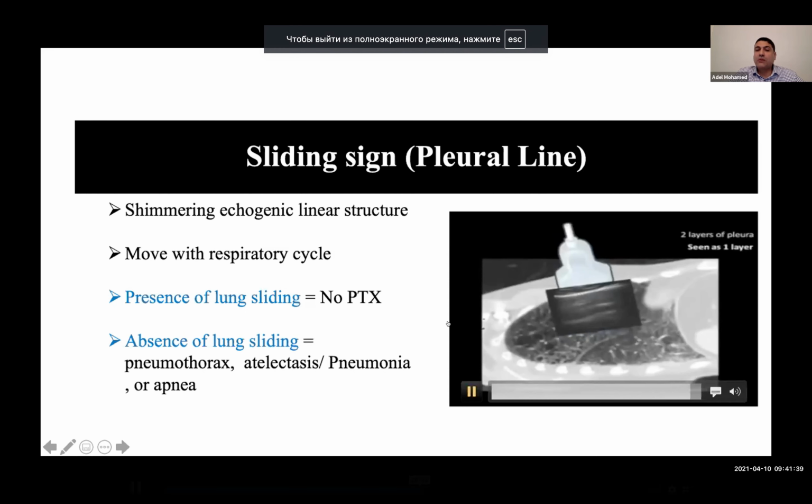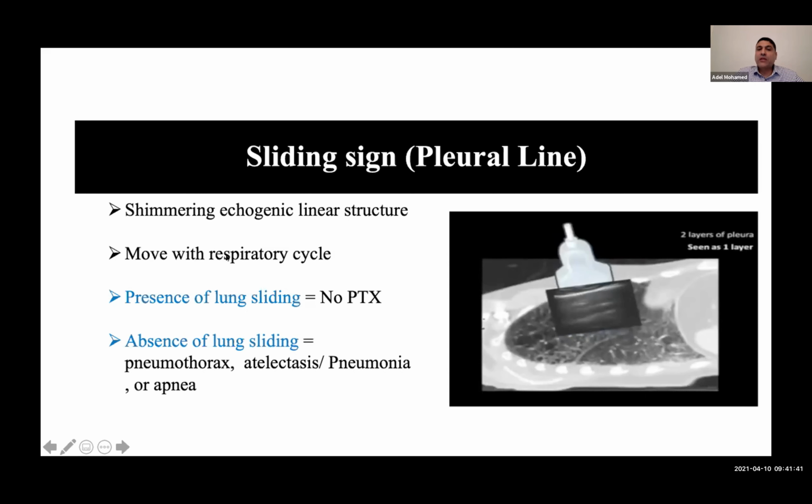What's the importance of this pleural line? First, it is a structure that's always in motion because the lung is always sliding during breathing. It moves with the respiratory cycle. Presence of sliding means no pneumothorax. You rule out a major emergency situation if you can differentiate between pleural line sliding and no sliding.